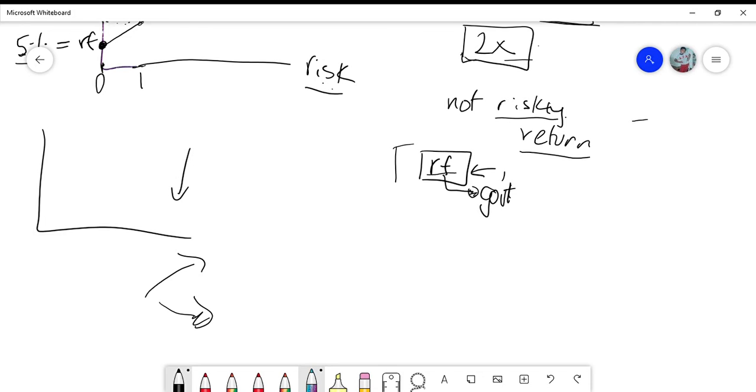So basically, let's say we have two stocks that move in completely opposite directions. Let's say one stock goes from 10 to 20, going upwards, and the other stock goes downwards. So what happens? They sort of cancel out.